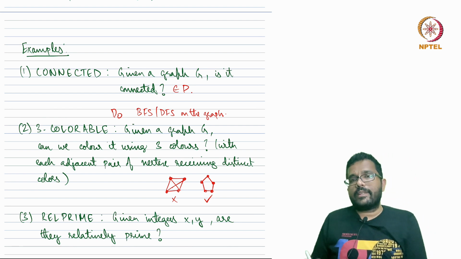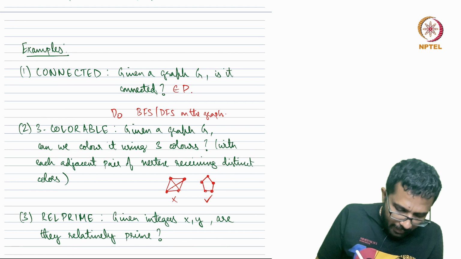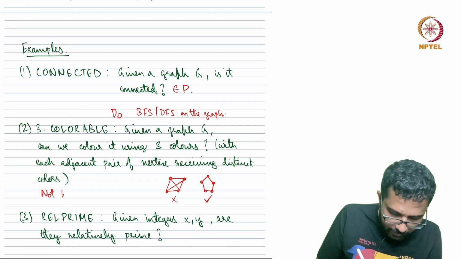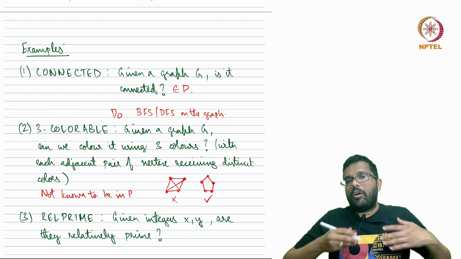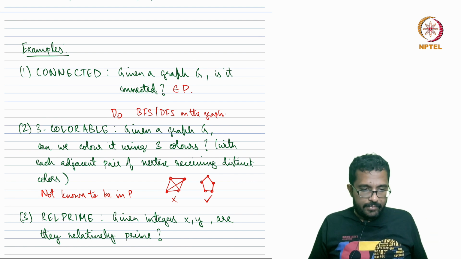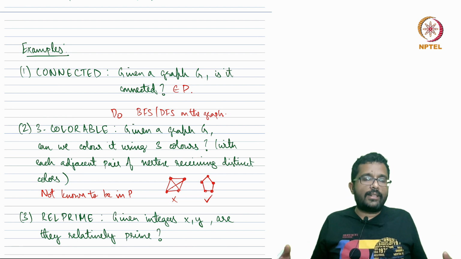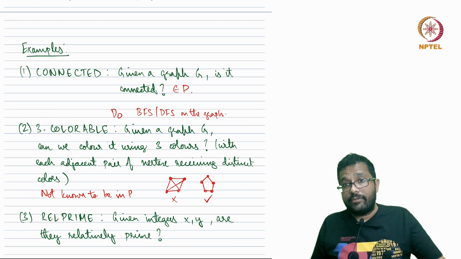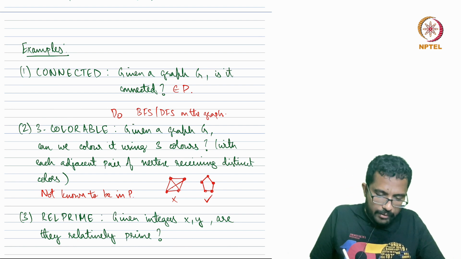So given a graph, can it be colored using 3 colors? This is as of now not known to be in P. Of course, you can try all possible 3 colorings, but that takes exponential time. If the graph has n vertices, trying out all possible colorings using 3 colors takes 3 power n time, which is not polynomial. There is no known polynomial time algorithm for this problem.